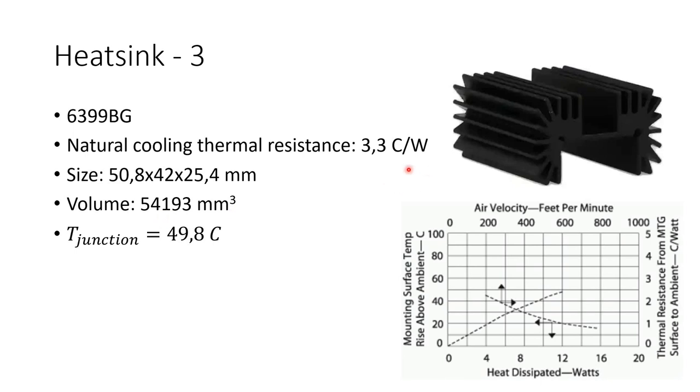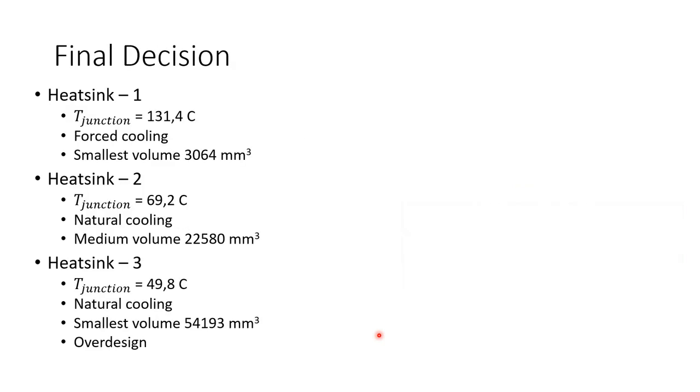When we use this heatsink, we have found out that the junction temperature reduces to 50 Celsius. It's very cool. It's very safe concerning thermal performance, of course. Again, using the same trick, we can find out that the temperature rise will be around 15 Celsius.